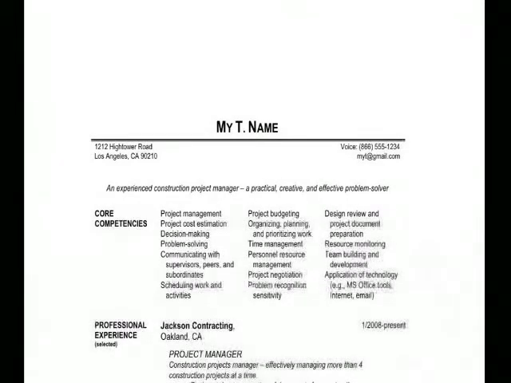Now, this individual for this particular resume was applying for a position as a construction project manager, so it makes a lot of sense to give themselves this definition, and it was related to past experiences that this individual had.